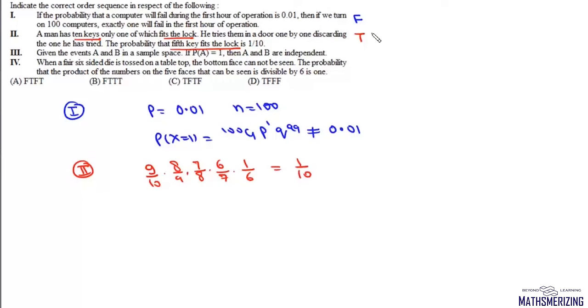Now this third one is, given that events A and B are such that P(A) equals 1, then A and B are independent.